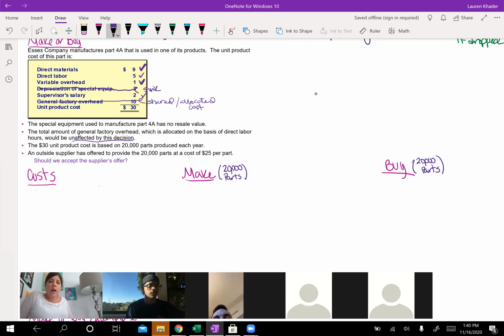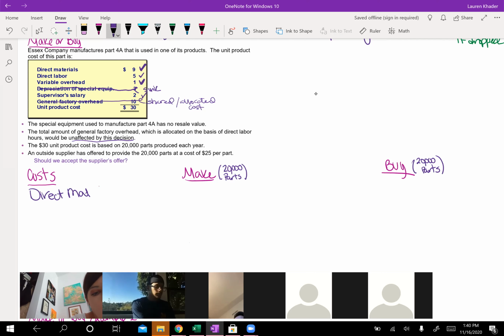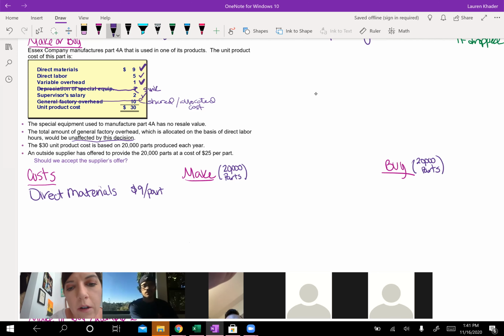So we want to figure out the total benefit of either making or buying this part. So we're going to go through and list out the costs. Direct material of $9 per part. We can multiply it times 20,000 parts at this point, or we can just do it at the end after we total it up. Direct labor is relevant.